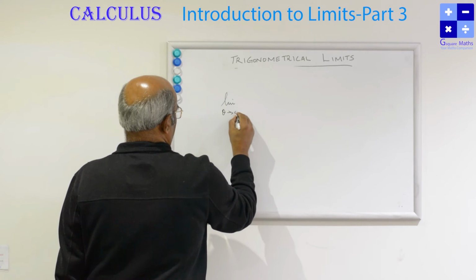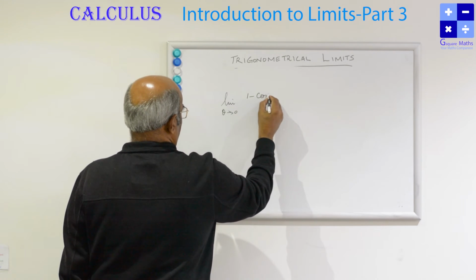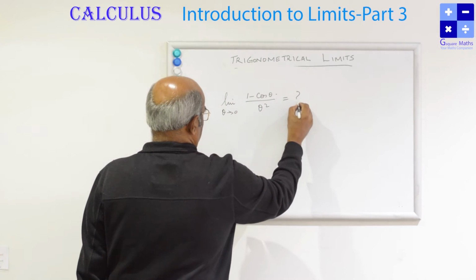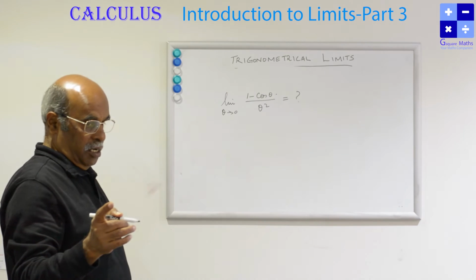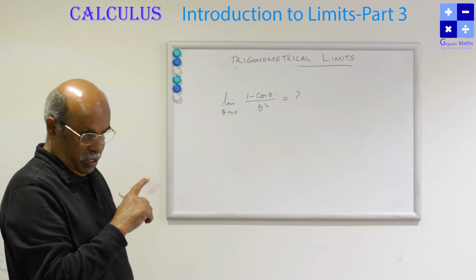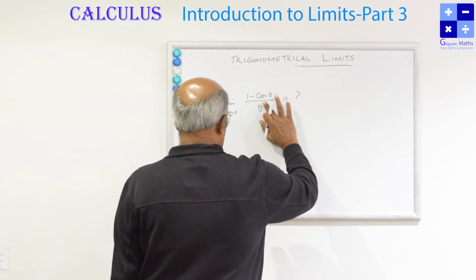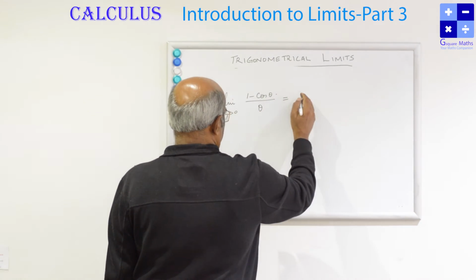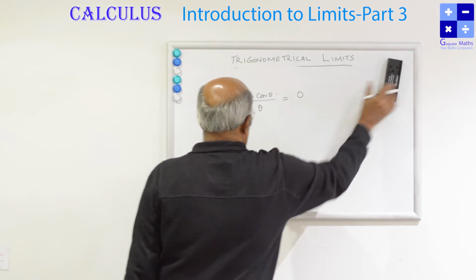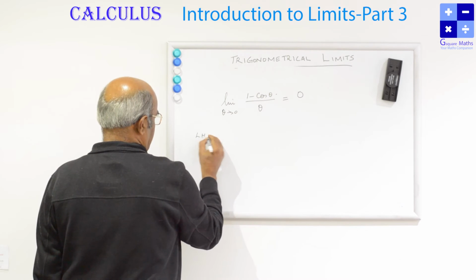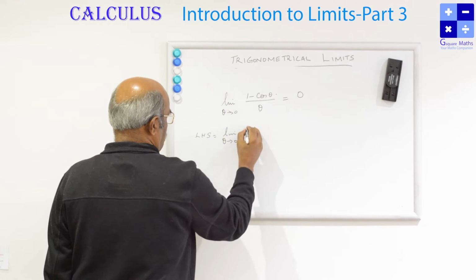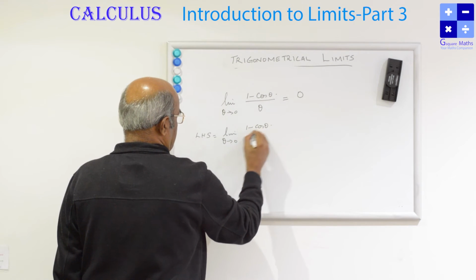Limit theta tends to 0 of (1 minus cos theta) by theta square is what? Dear children, in the previous session I gave this for your practice. I am solving this now. Let us take this one first, which I already gave. This is 0. So let us evaluate. Left hand side is equal to limit theta tends to 0 of (1 minus cos theta) by theta.